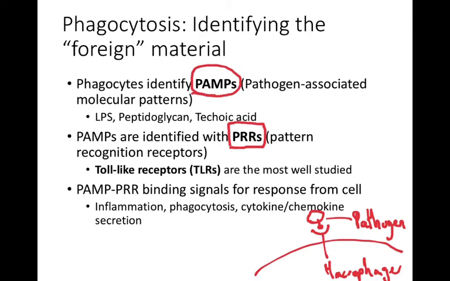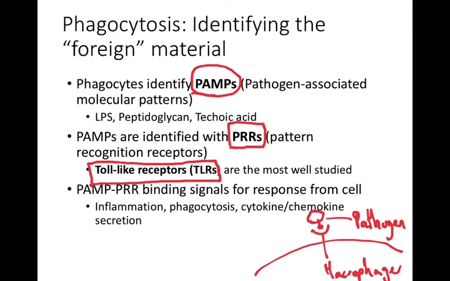And these generalized patterns are what get recognized by those PRRs. A specific type of pattern recognition receptor is known as the toll-like receptor. I'll give you a couple of examples of what these recognize in the next slide, but these were the first of the pattern recognition receptors to ever be identified and associated with immune response.